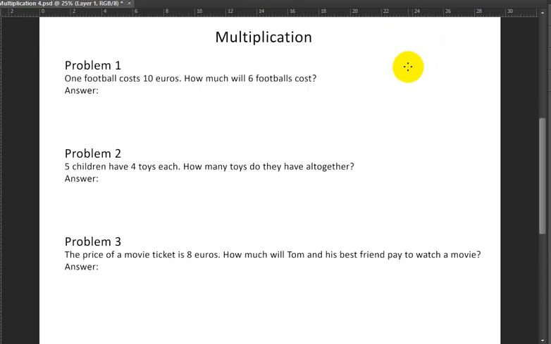The problem says 1, 2, 3, 4, 5, 6 footballs, and each of them is 10 euros, right?